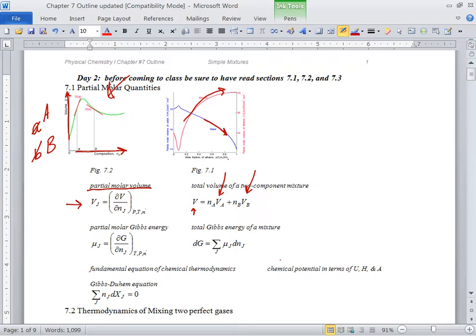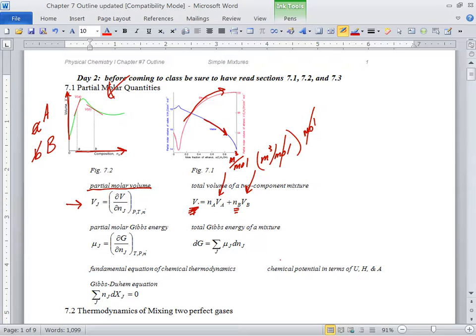They probably have units of, yeah, you could have meters cubed or liters all over moles. So it makes sense that if you multiply the partial molar volume by n, which would probably be what, Kelly? The moles. Little nB would be the moles of B, right? If you multiply by the number of moles, you get volume units. So then you get the total volume.